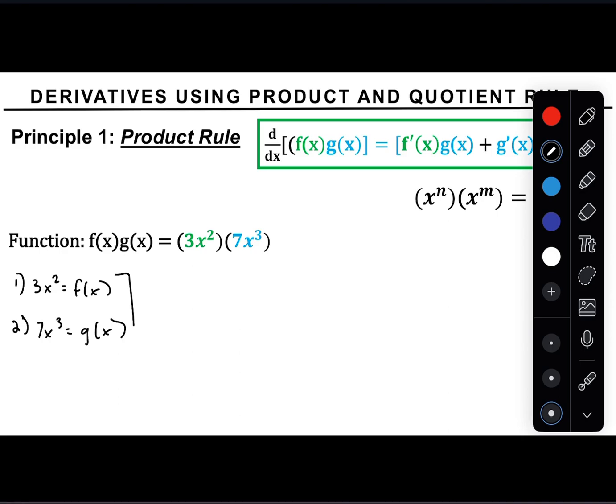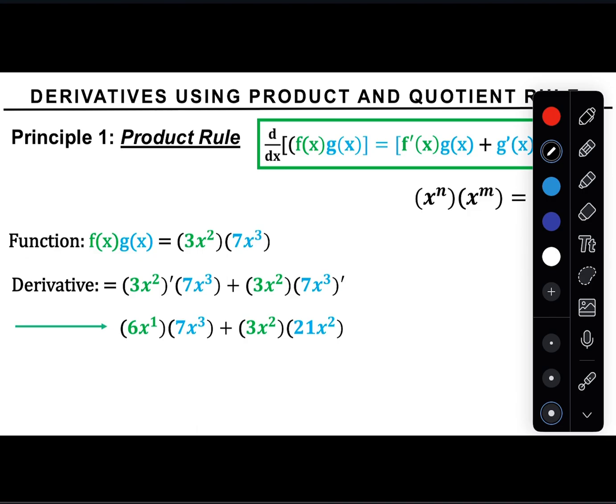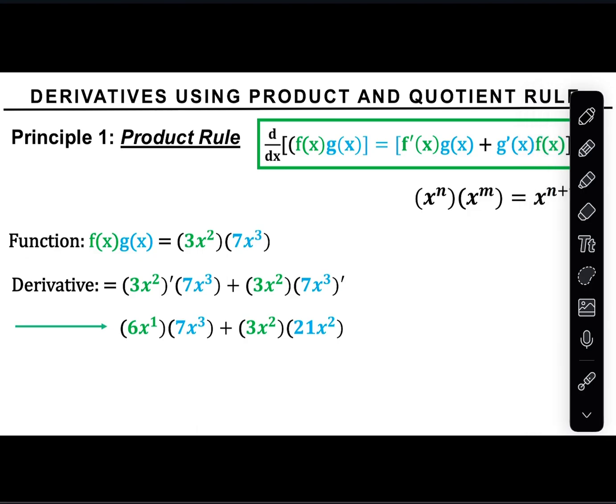That's always going to be our first step: we define our f and g. Cool. Now that we have this, let's apply our equation. Again, product rule is f prime g plus g prime f, and that's exactly what we have in this one.